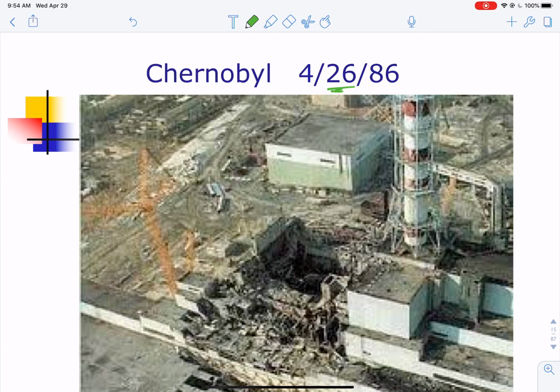Now, there will be deaths, or have been deaths since then, from some cancers that statistically, the statistical increase would be explained from this disaster. And of course, Russia did not tell anybody, and it was several weeks before this radiation began drifting across borders to other countries, and we were picking up on it.